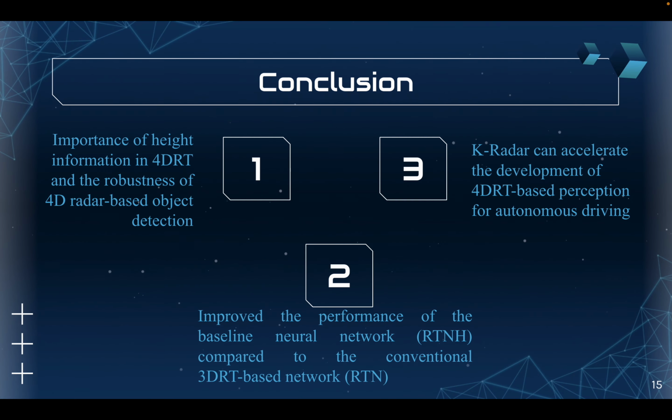So we can conclude that the 4D radar database shows the importance of height information. It improves our baseline neural network, and this will accelerate the development of autonomous driving.